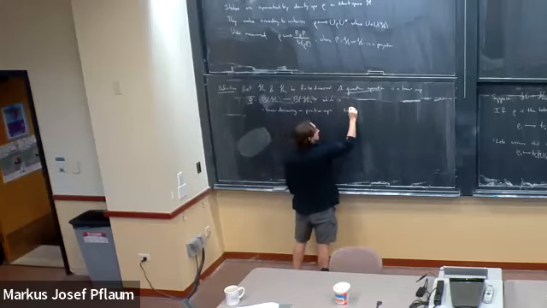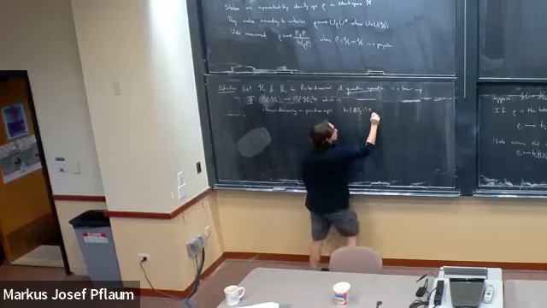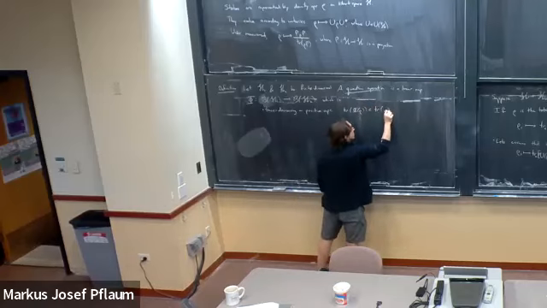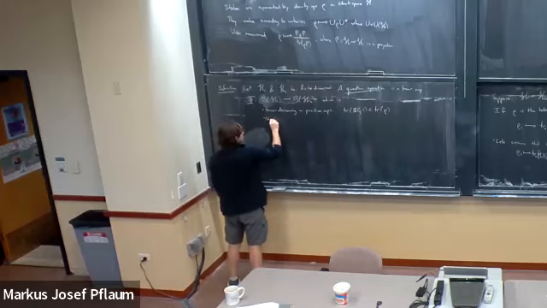So the trace of Phi of rho is less than or equal to the trace of rho. And I want it to be completely positive. And I'll say what completely positive means.